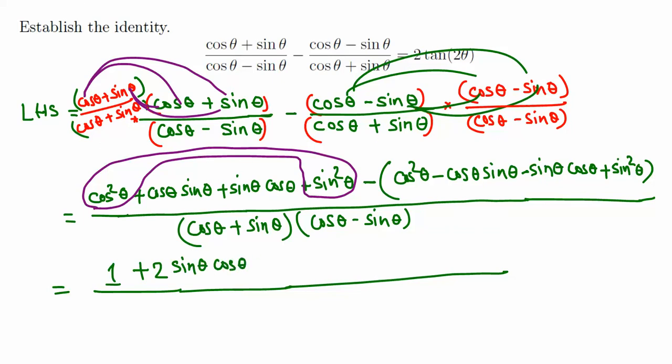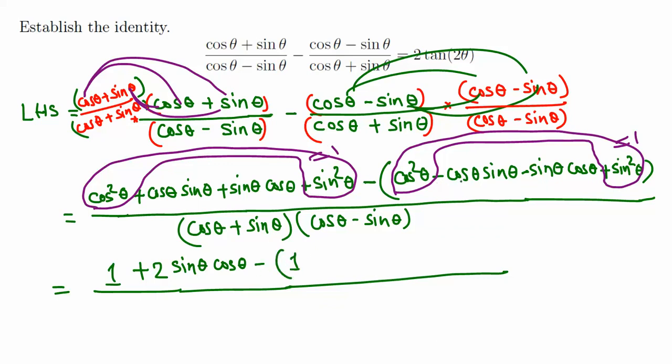Inside the second we have the same thing, cosine square plus sine square, that's 1, with minus in front, and negative cosine sine, negative sine cosine, both negative, so negative two copies of sine cosine. When we distribute this negative 1, the 1 and negative 1 cancel.